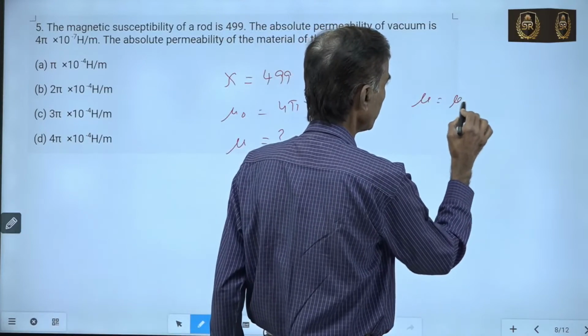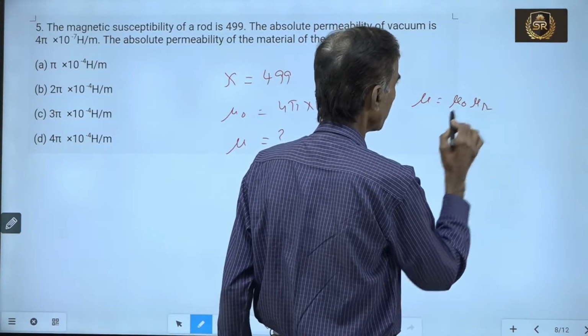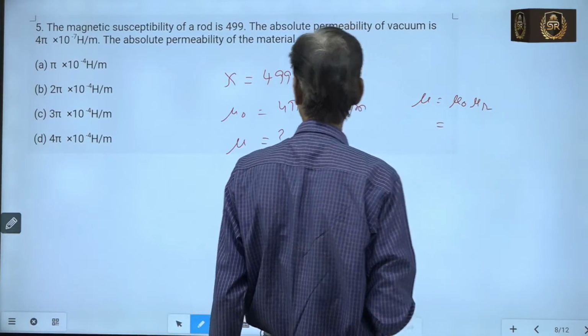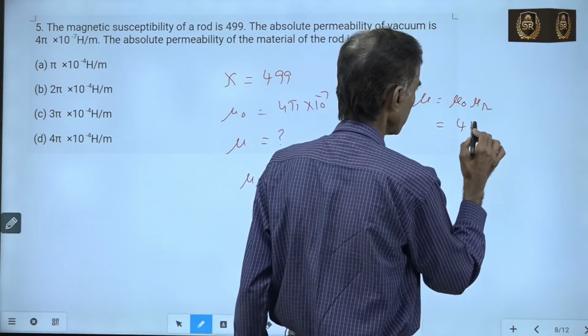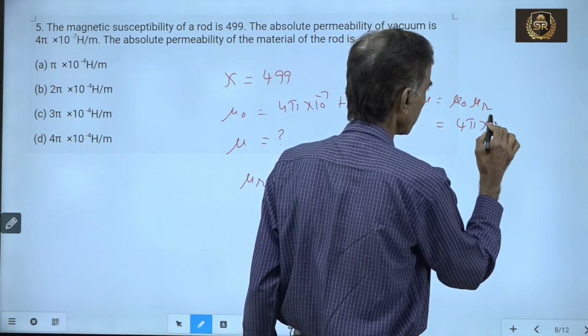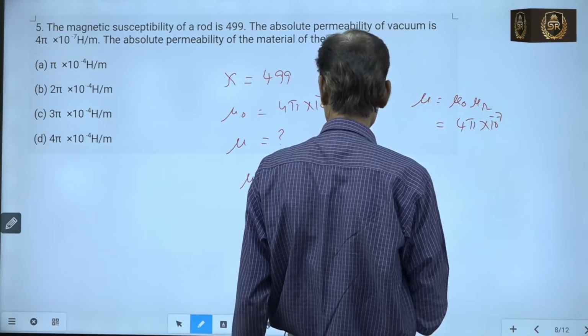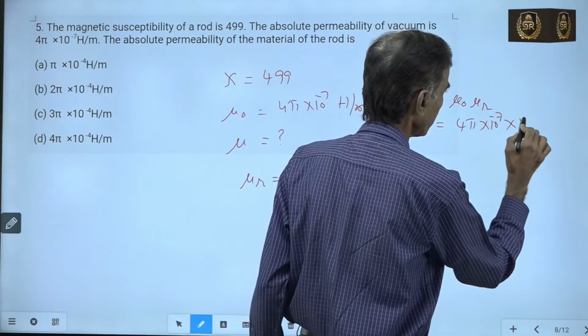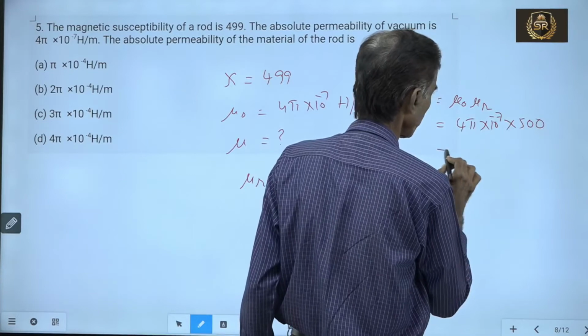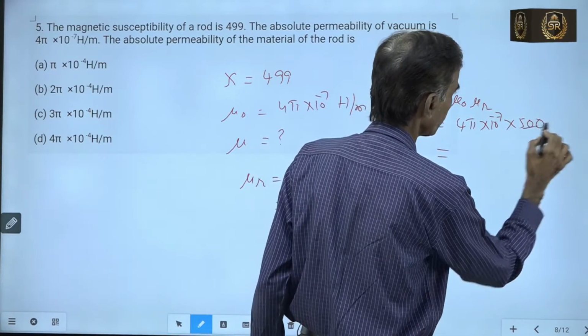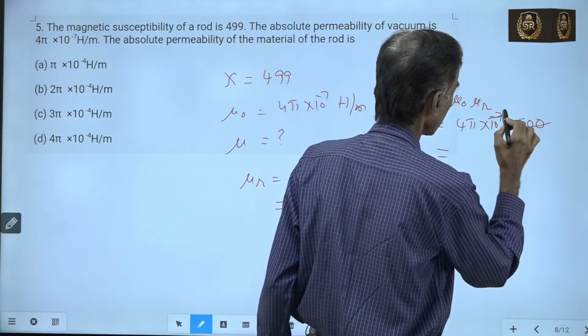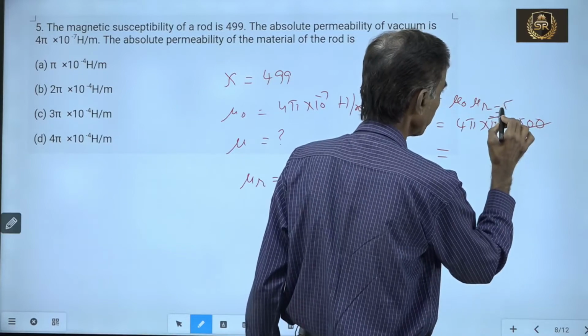mu naught into mu r, that is equal to 4 pi into 10 power minus 7 into 500. So 2 zeros already we can cancel here, minus 5.